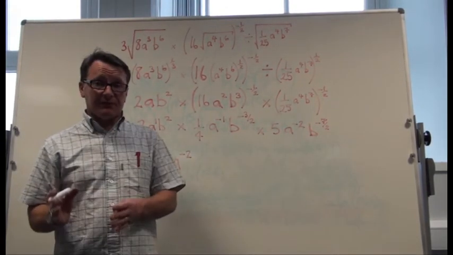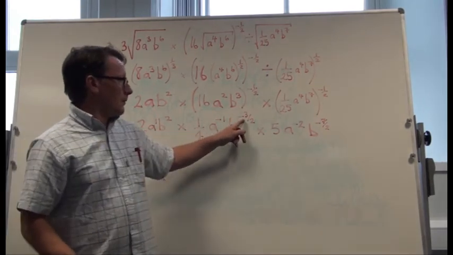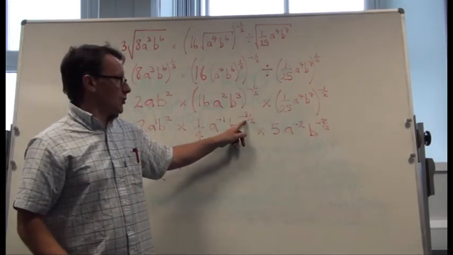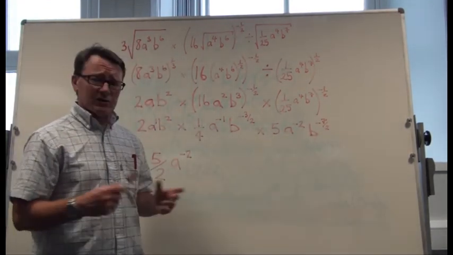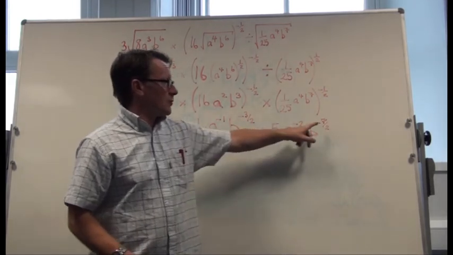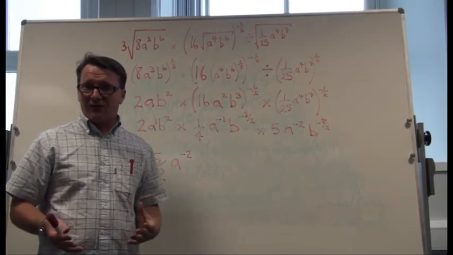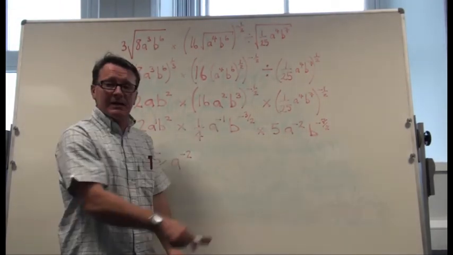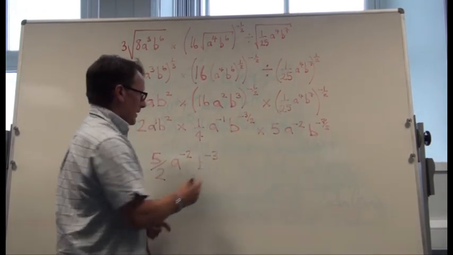And if I do the same thing for the b's, I've got plus 2 plus minus 3 over 2 plus minus 7 over 2. I can do that in any order. So if I add minus 3 over 2 and minus 7 over 2, I'm going to get minus 10 over 2, or minus 5. So I've got 2 minus 5 gives me b to the minus 3.